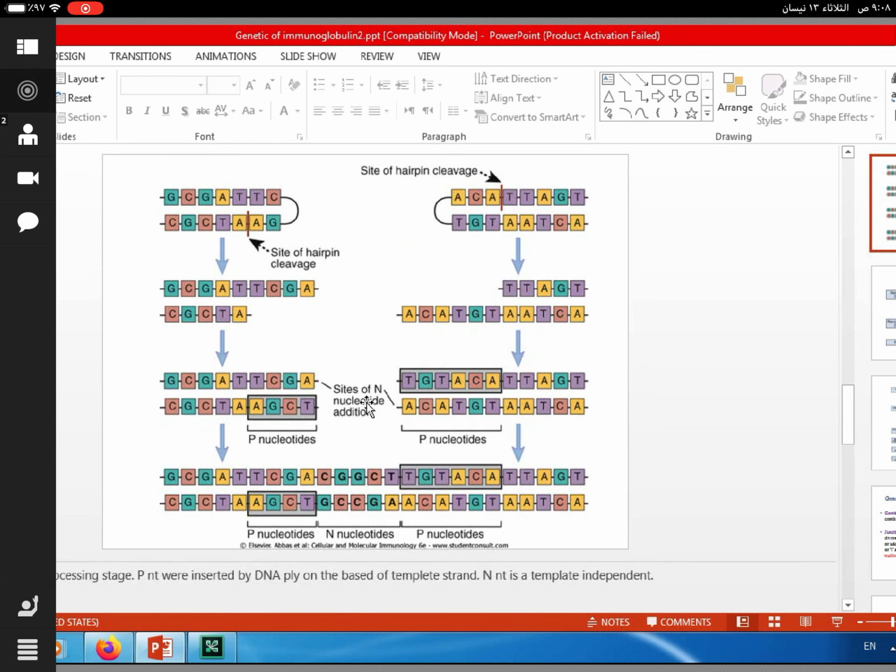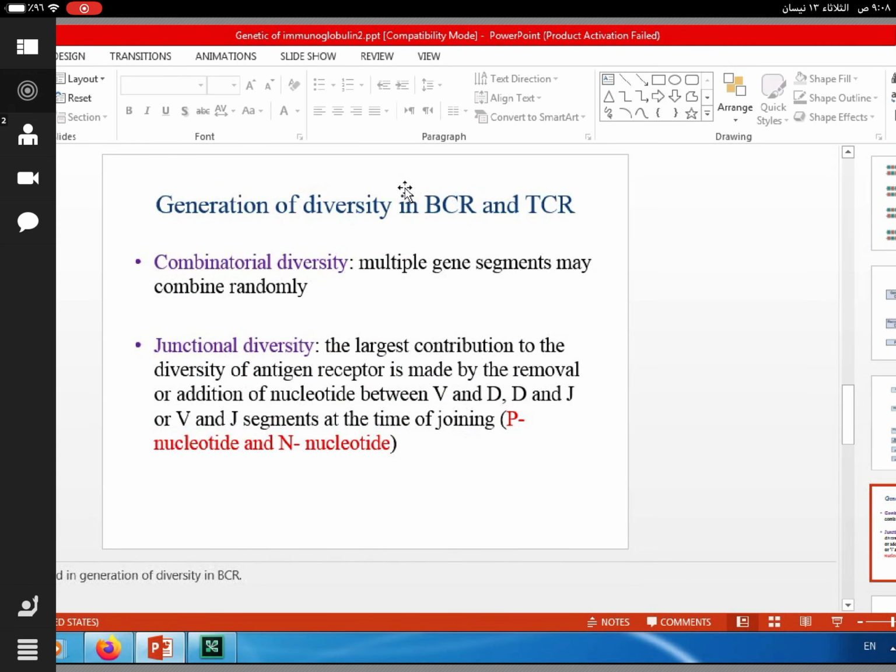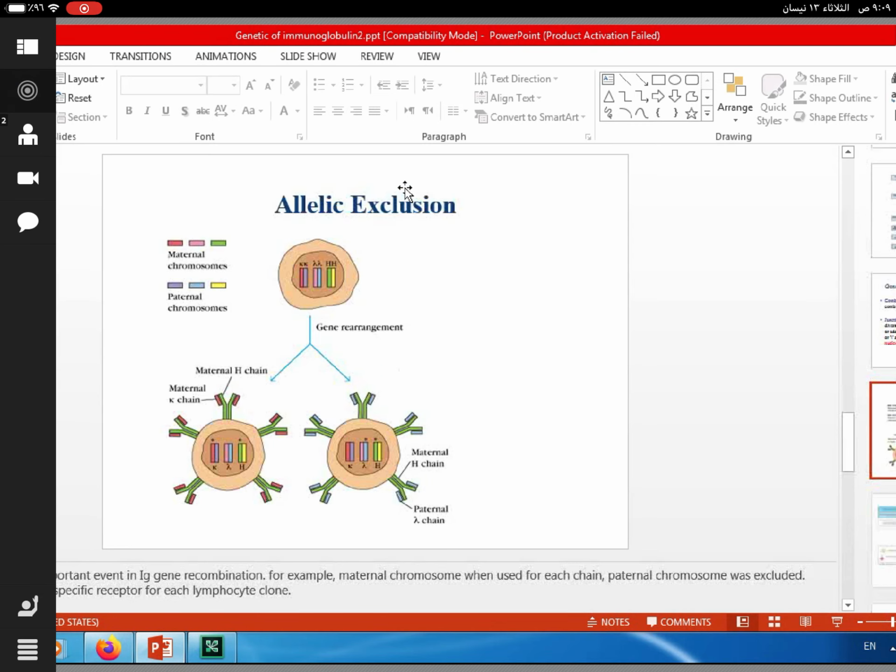P and especially N nucleotides are involved in generation of diversity of B lymphocyte or BCR. So two mechanisms are involved: combinatorial diversity and junctional diversity.